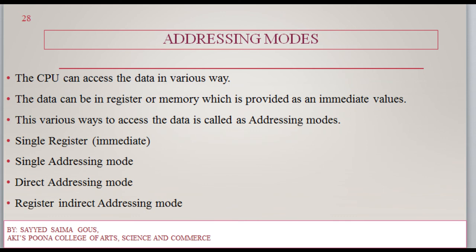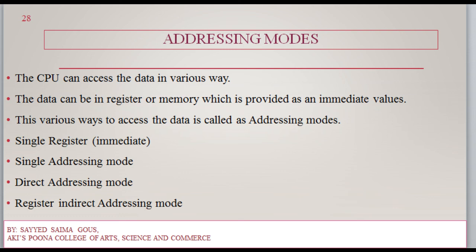Next, addressing modes. First, the CPU can access the data in different ways. There are different ways where the CPU can access the data, and this data can be in a register or memory, or provided as an immediate value. So these various ways to access the data are called addressing modes.